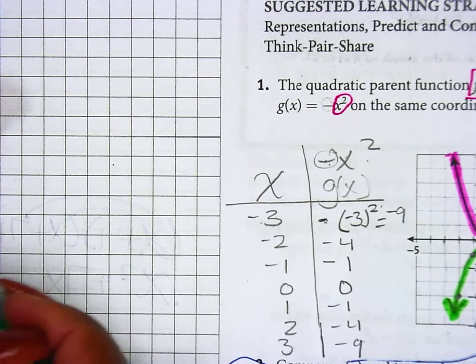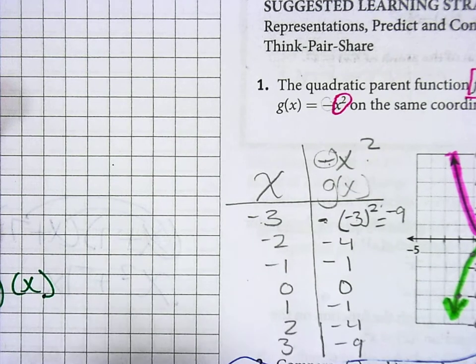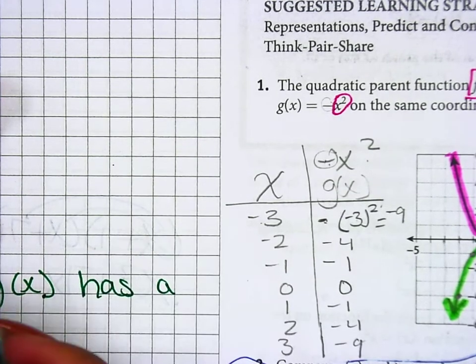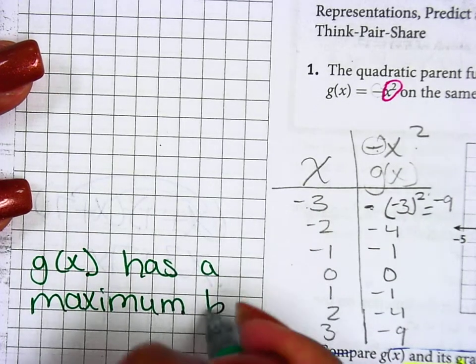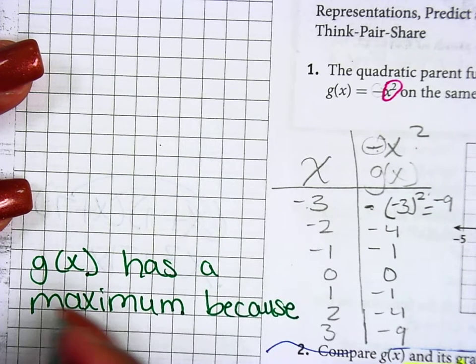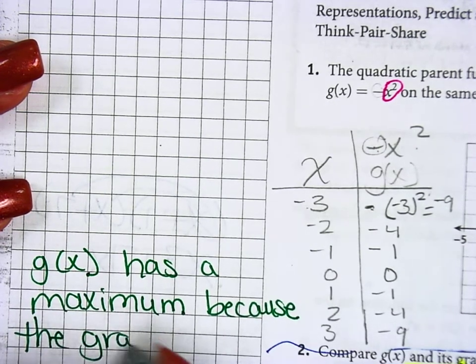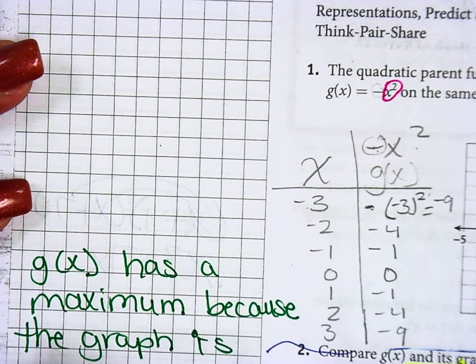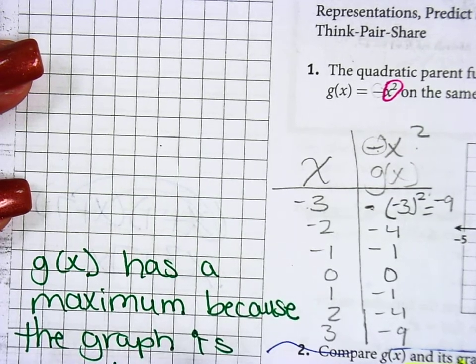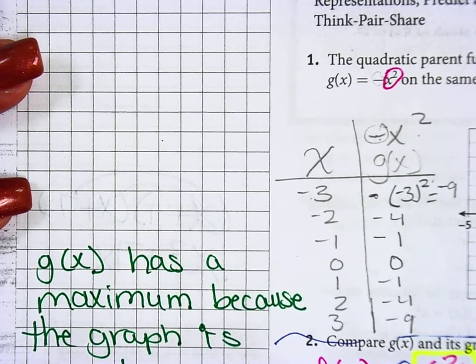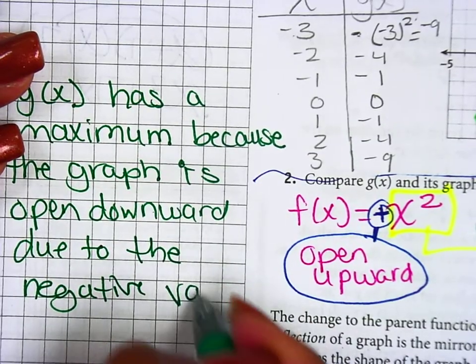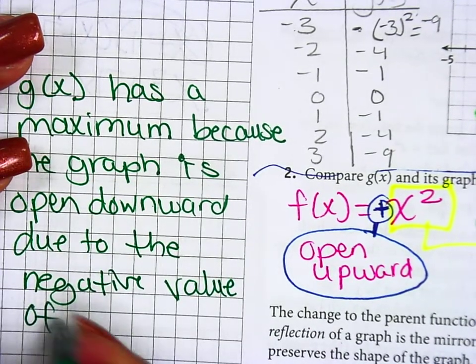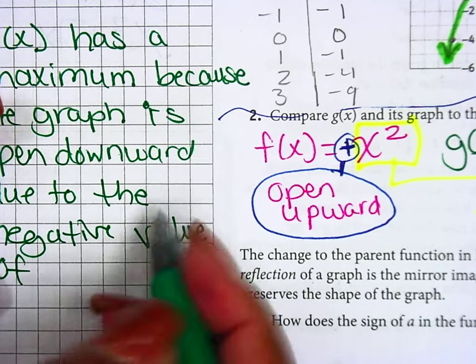You can say that the function g of x has a maximum because the graph is open downward due to the negative value of a, well, the negative value of the coefficient of x squared.